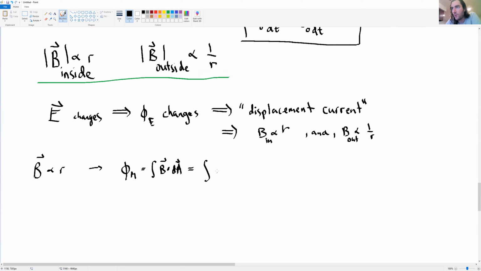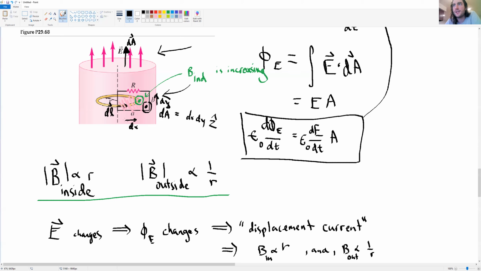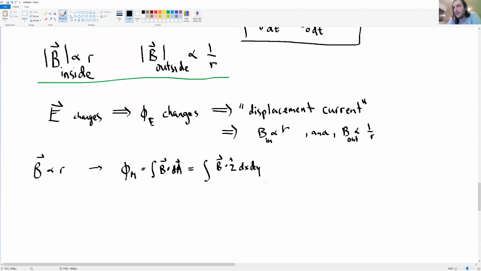So if we come down here and we replace that in here, we have B dot product z hat vector times dx dy. And the magnetic field along this direction depends on x. It depends on r, but we're at a fixed value of z here for this rectangular loop. So we're going to say it depends on x.